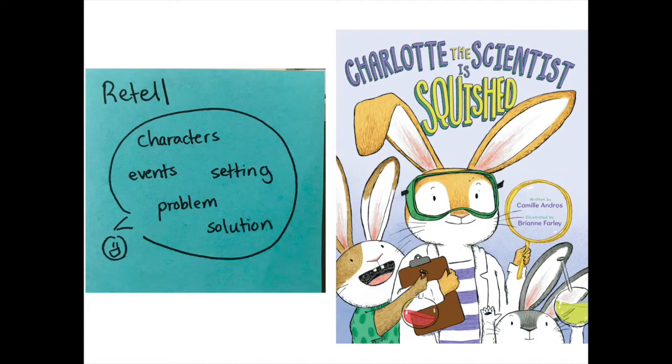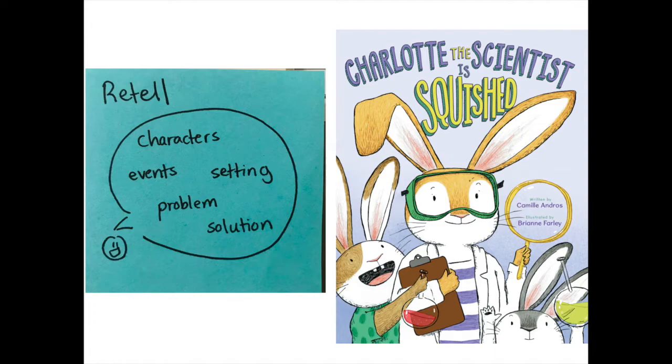But then she made some more experiments when she was up in space to figure out how not to be so lonely. But then when that didn't work out, another event that happened was that she went back home. So now let's think about the setting. Ready? So where did this story take place? It took place at her home, in outer space, and then it seemed to go back home, right?